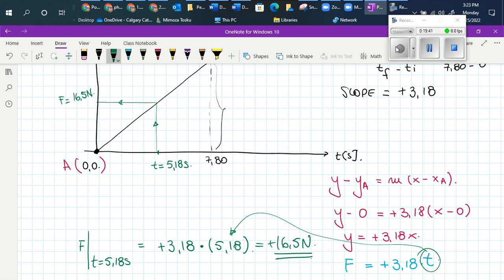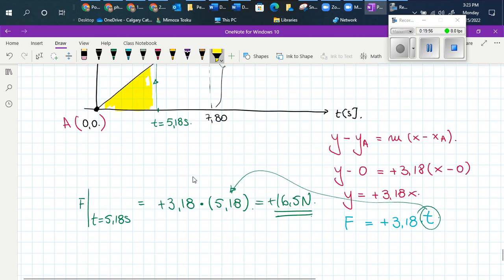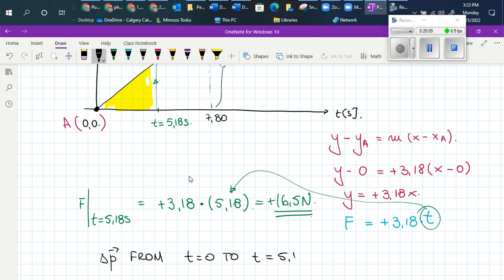Now, if we are asked to figure out the impulse from 0 to 5.18 seconds, this is the area under the graph. So when we are calculating the impulse from time equals 0 to time equals 5.18 seconds, it is the same as saying the area under the graph.